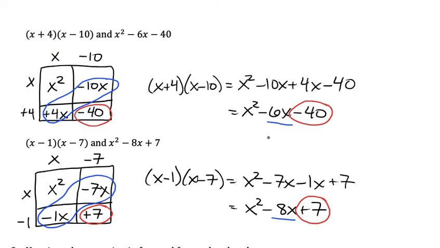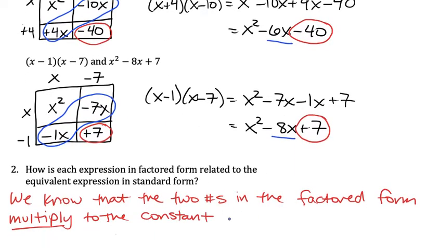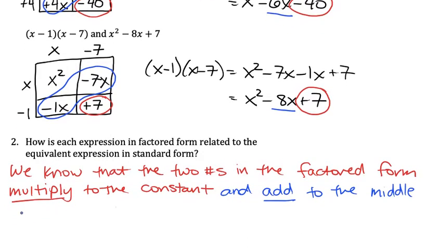Negative 10 plus 4 gives us negative 6, and negative 1 plus negative 7 gives us negative 8. So add to the middle term, which is sometimes called the linear term because it is the number in front of x.